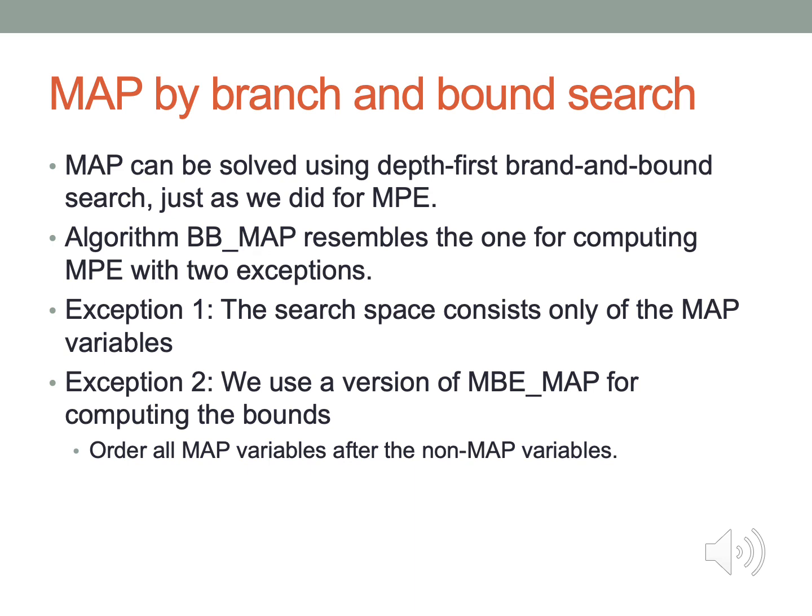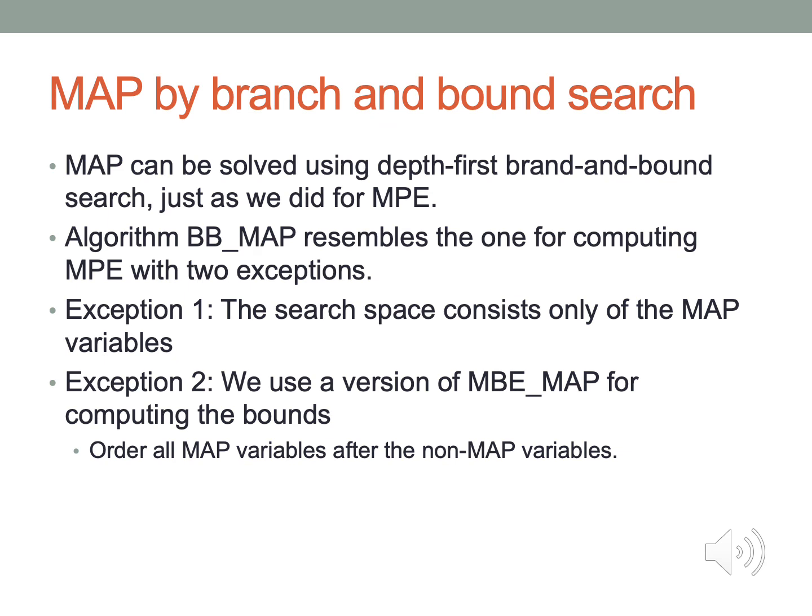Here, we perform DFS search over the MAP variables and use the mini bucket version of the MAP algorithm to compute the upper bounds. Okay, so the mini bucket version of the MAP algorithm, which I'm going to call MBE_MAP, is the same as the mini bucket version of the algorithm for solving the MPE task, which I'm going to call MBE_MPE.